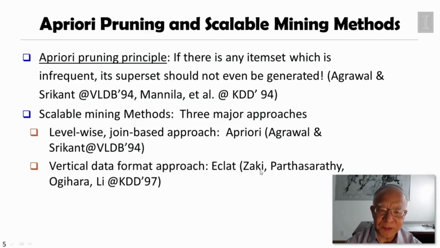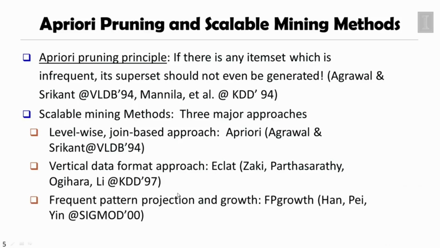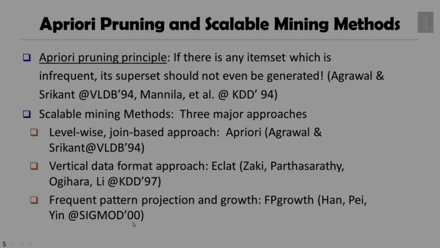Another method was developed by Zaki et al., called ECLAT, which is based on vertical data format. The third approach is pattern-based, frequent pattern projection and growth. It is the pattern growth approach called FPGrowth, developed by us in year 2000.